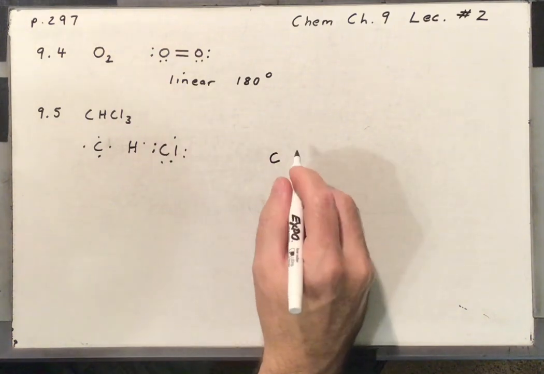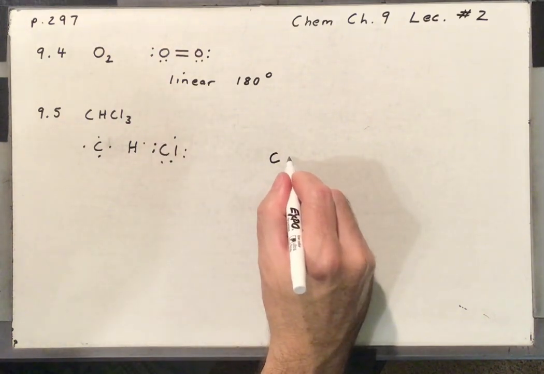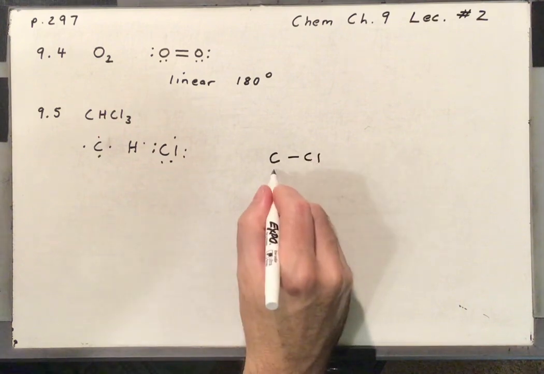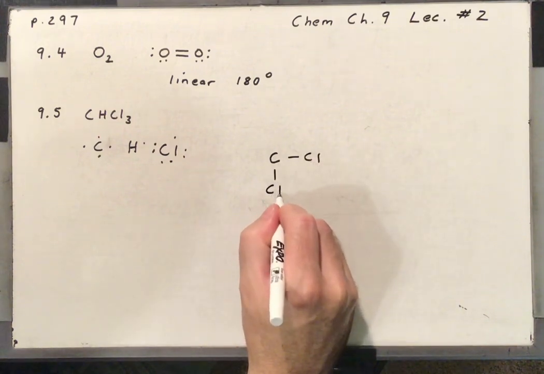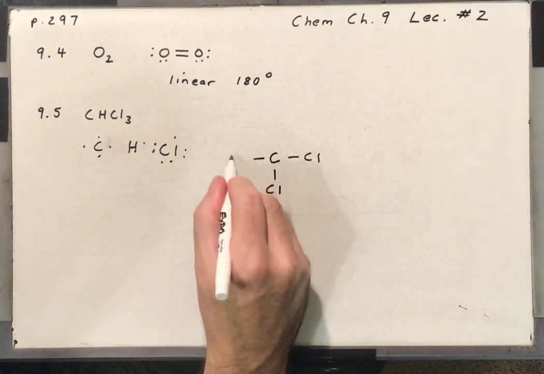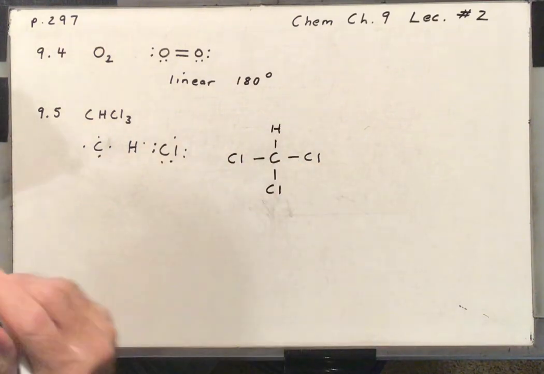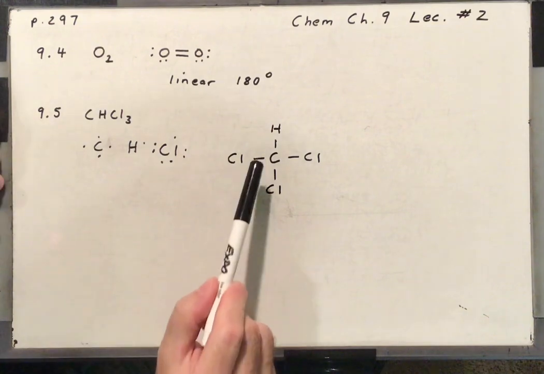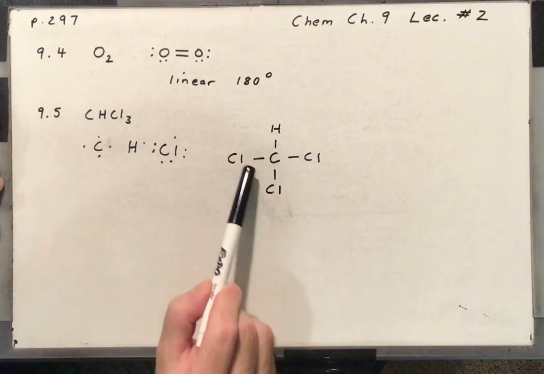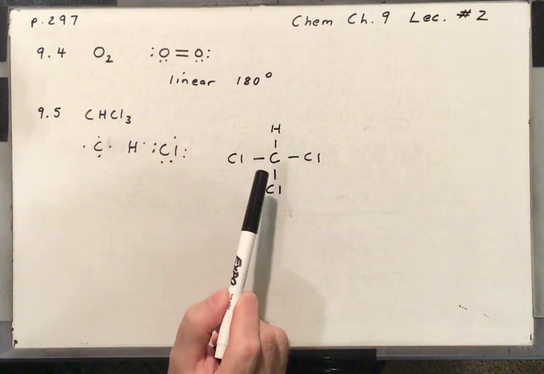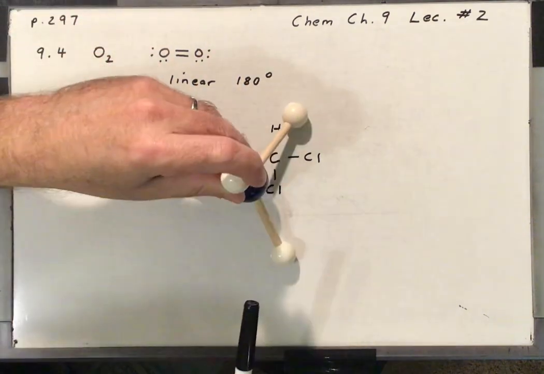Okay, if we were to draw this like Chapter 8, it would be something like this. I won't draw the dots. So 3 chlorines and then a hydrogen. So if you have a central atom with 4 single bonds, then that is a tetrahedral shape.